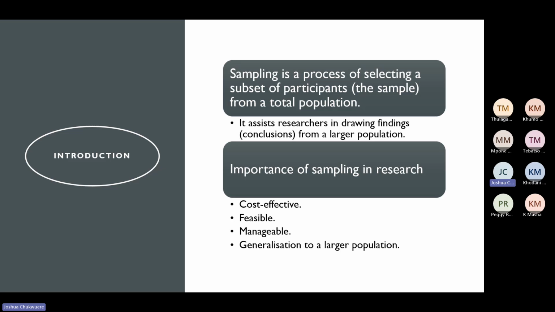And then another importance of sampling is that it enables generalization to the larger population. It assists you to make that kind of general statement. Based on this, this is how the students within this institution, within this faculty, within this defined criteria that you have set, feel about their experience.